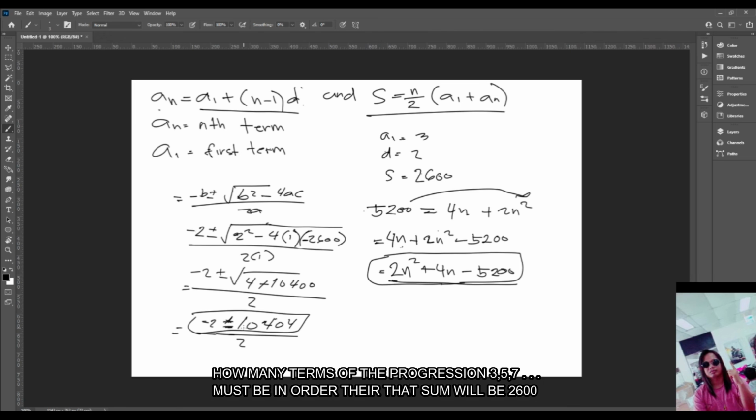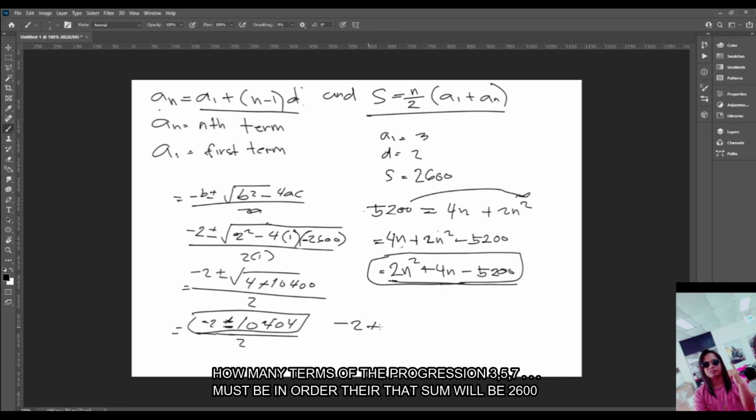You can ask your professor about that, but I will try to have a positive value here. If you turn this to negative, like 2 minus 10,404, this is going to be negative, right? So we cannot have that, because this is going to be a negative value in the answer.